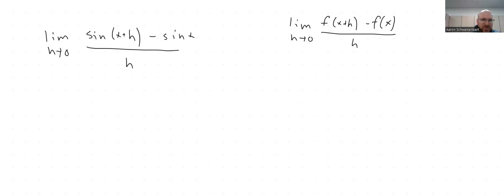The next thing I'm going to use is my sum identity, which is a trig identity. And I don't usually write the limit in each step. Sine x cosine h plus cosine x sine h, minus sine x over h.